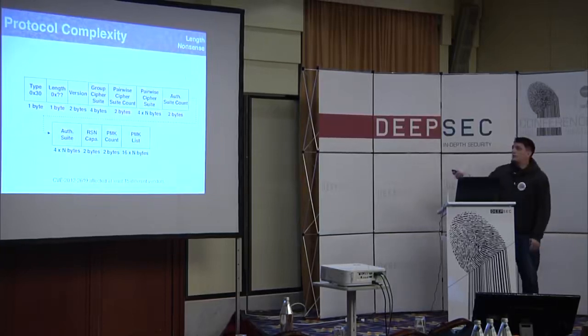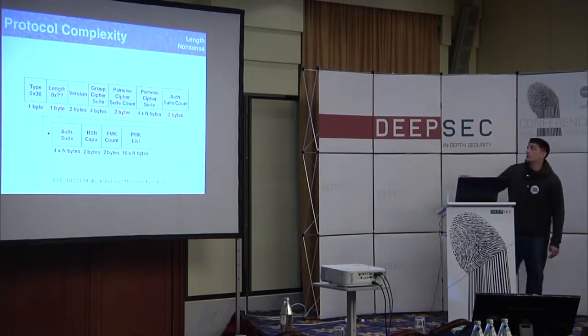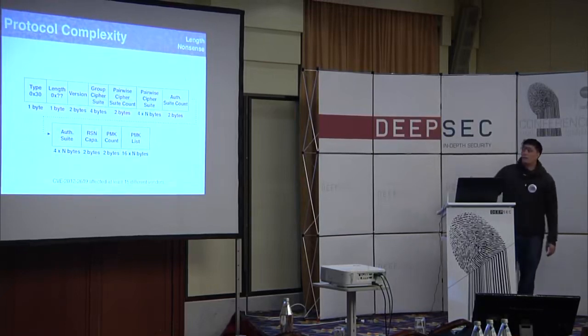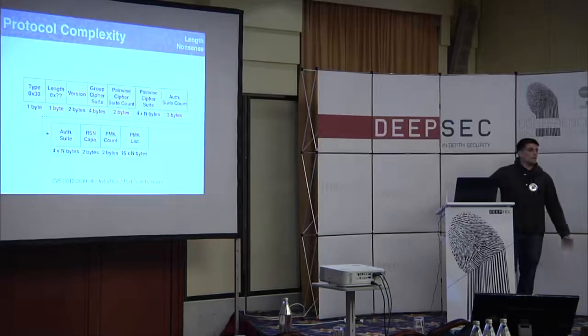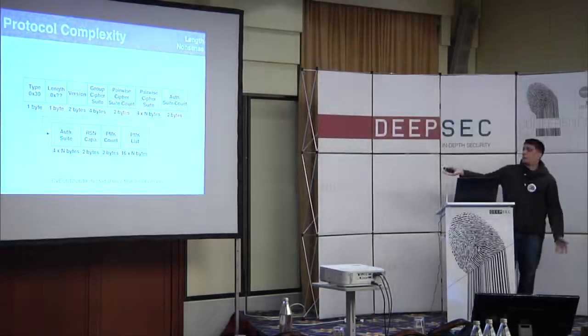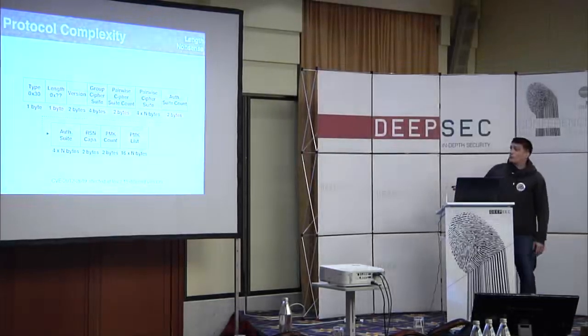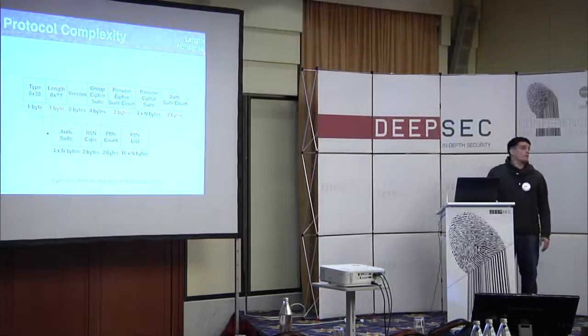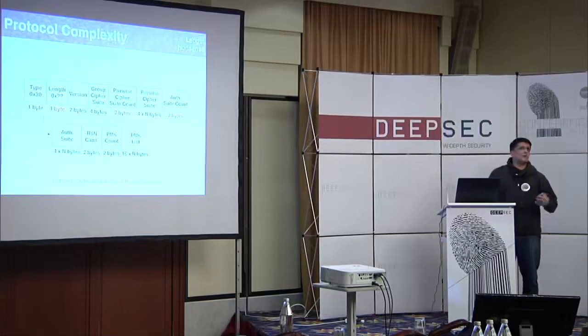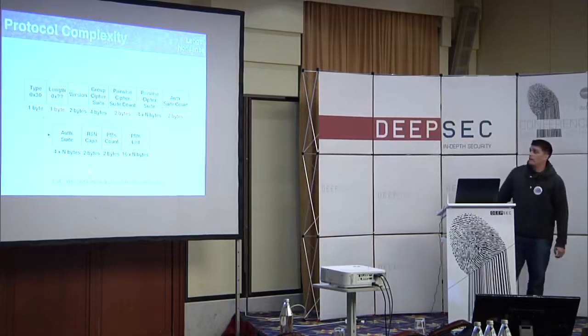So this length nonsense that I'm putting here, maybe some people said, okay, this is obvious, anyone can see it. Well, there was a bug on Broadcom firmwares that affected every iPhone model and iPad model at the moment in 2012.